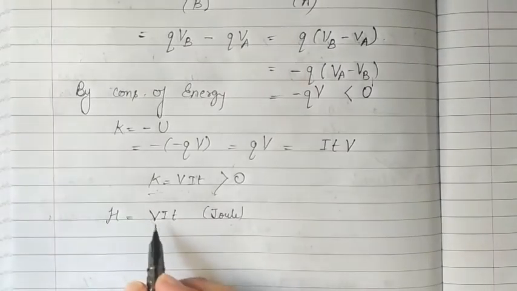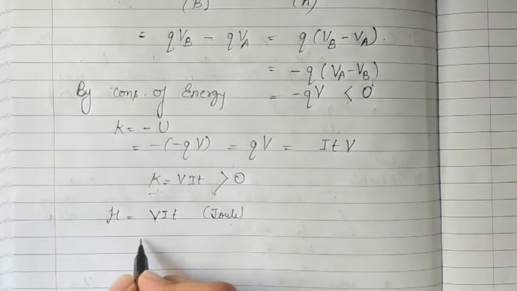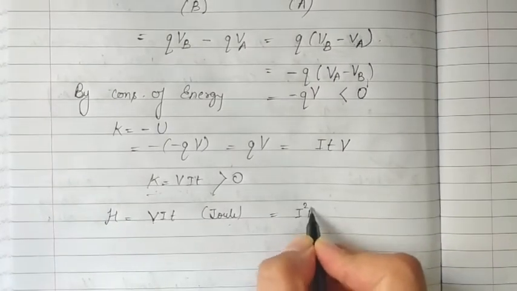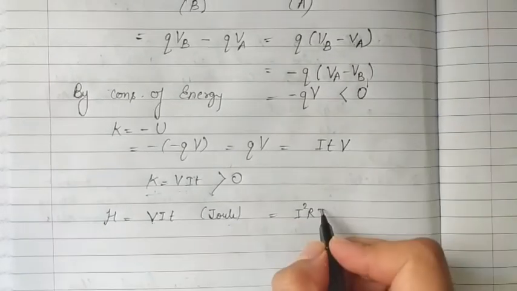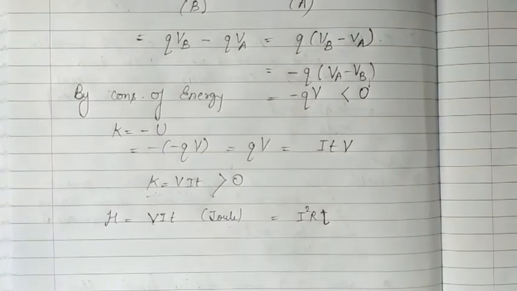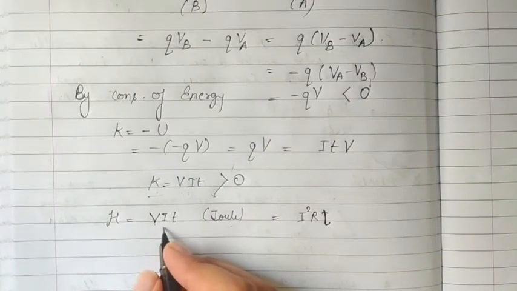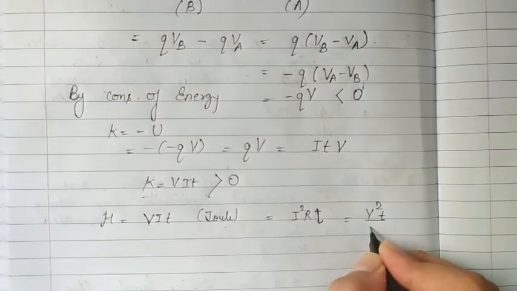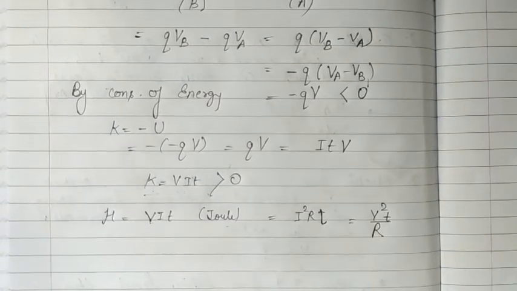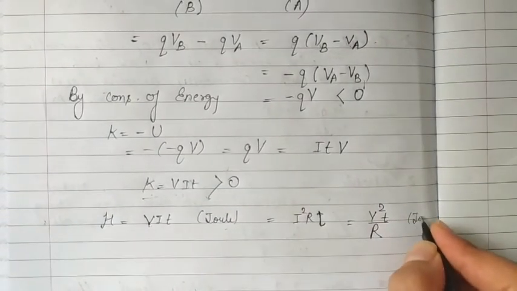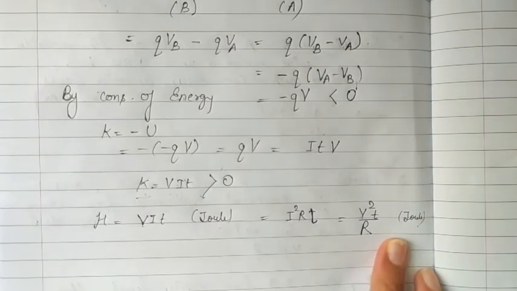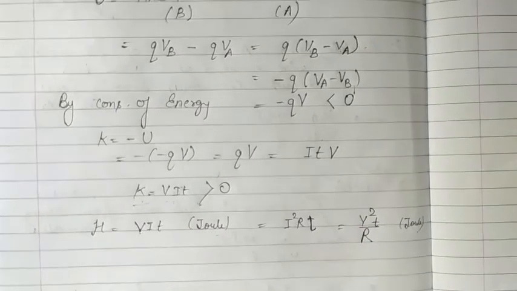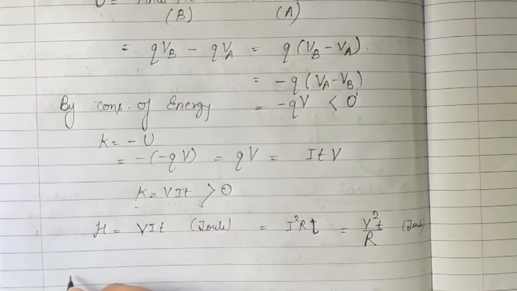Now we can also write it as, if V is equal to IR, then this value will be I square Rt, or if we put I is equal to V upon R, then this value is V square t upon R, right? All these values are in joule. If we want to convert it into calories, then we have to divide it by 4.18.